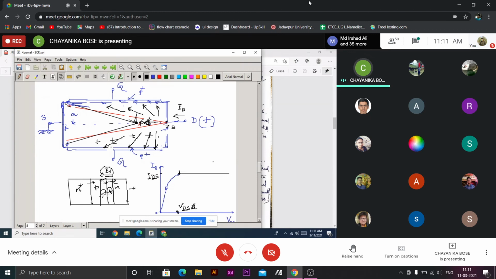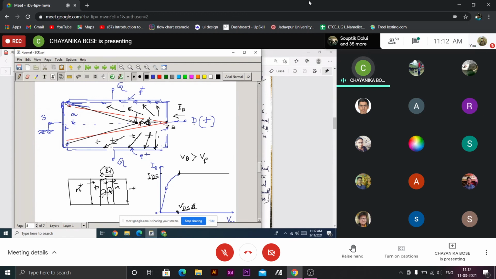Now, if Vd is further increased, our Vd is now greater than Vp. And when the drain bias exceeds this pinch-off voltage, we enter the saturation region, because as Vd further increases, along the channel, the point at which the potential difference is Vp will appear earlier with respect to this one.